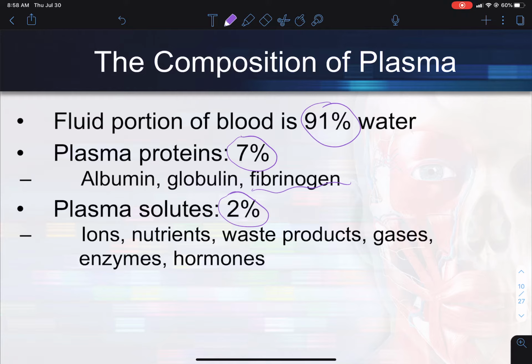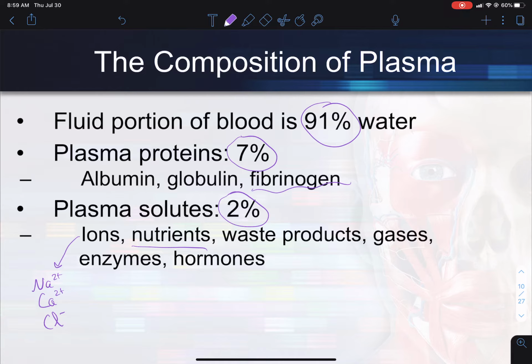Plasma solutes are the next smallest percentage, and these are a smaller percentage also because they're really, really small. These include ions, like sodium, calcium, chloride, etc. Nutrients, like electrolytes, vitamins.